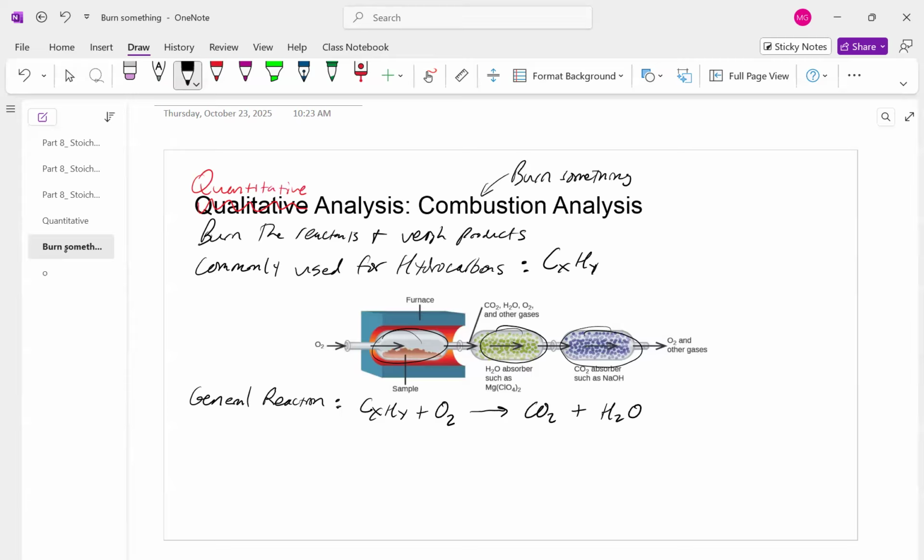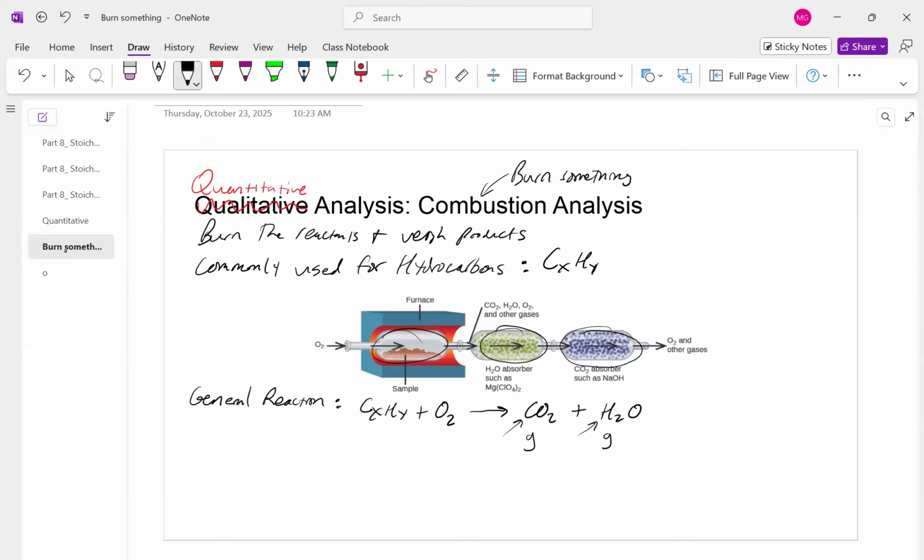Okay, so the goal here is to find the masses, or have those given to us, of our products. We can go to moles and then figure out how many moles of carbon we have and how many moles of hydrogen we have.